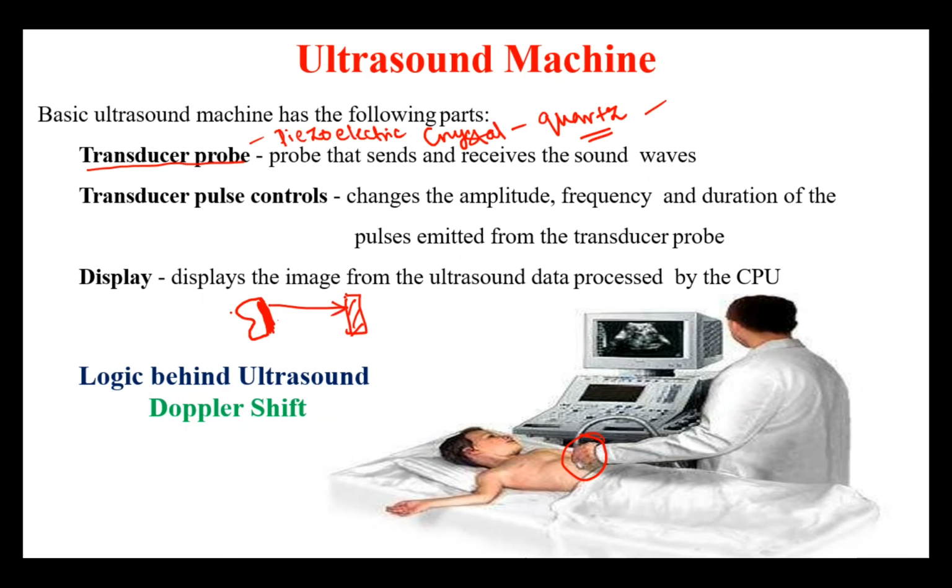It hits the organ, it may be any organ, a heart, a kidney, or a blood stream, whatever it is. But it will reflect back. That sound energy will reflect back. So this transducer should be used both for transmission and it should receive. It acts as a transmitter and receiver. It transmits sound and it receives sound.